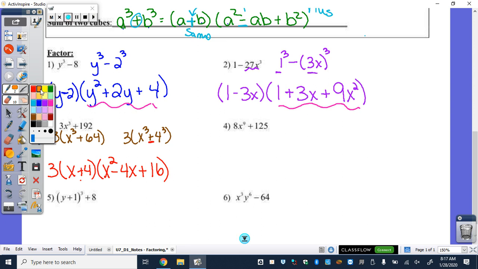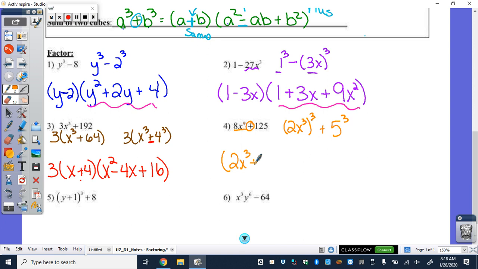So looking at our fourth example, 8x to the 9th is really 2x cubed, because 2 cubed is your 8. When I do my power to a power rule here, 3 times 3 is where my exponent of 9 comes from. And then my 125, that's going to end up being 5 cubed. So again, this one's plus.